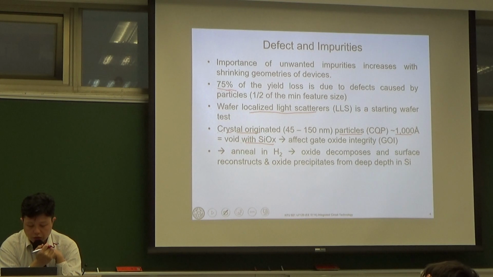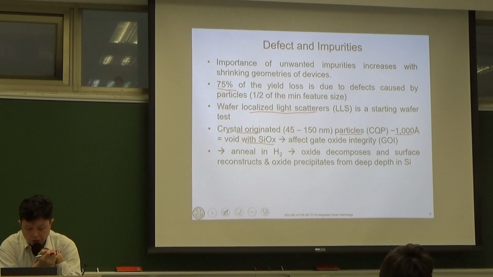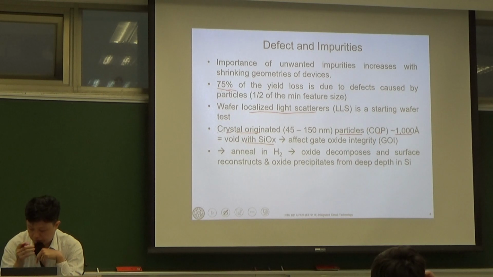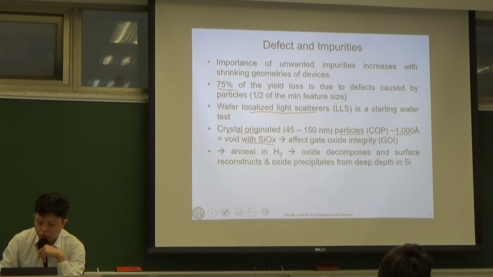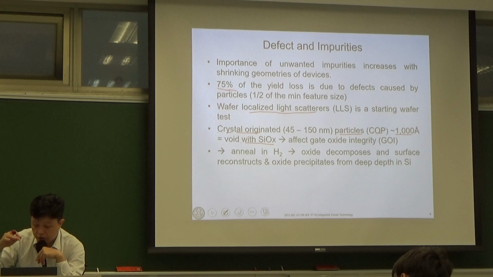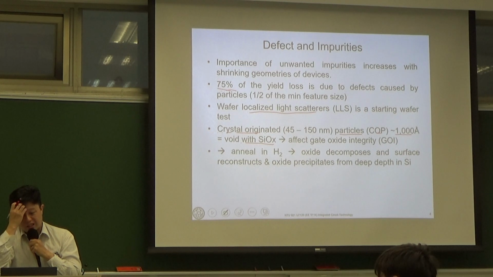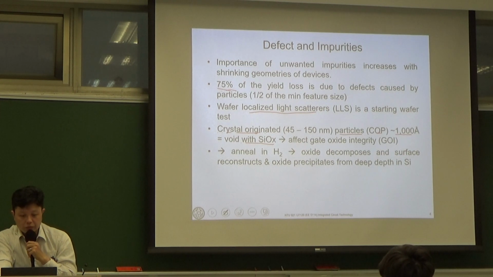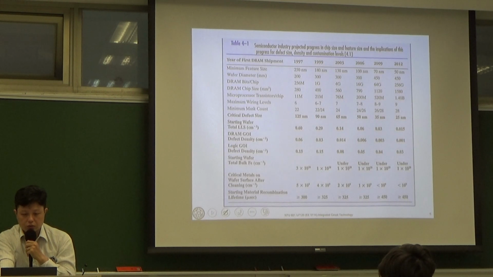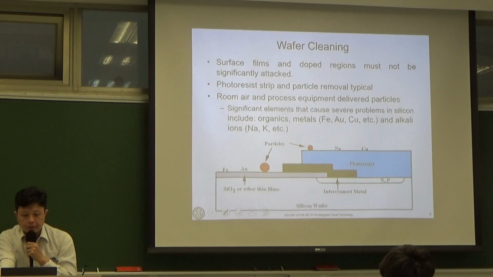So we can use some annealing in hydrogen environment to decompose those oxide and reconstruct the surface, and make them precipitate from the deep depth in your silicon, which means we try to move away those defects. If we cannot eliminate them totally, at least we try to move them away from your channel. Right? That's the purpose.